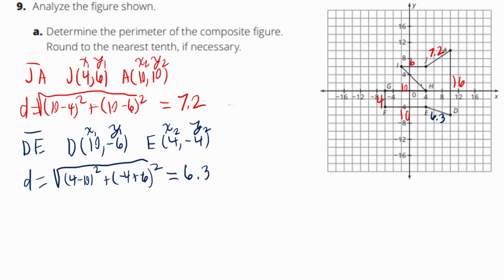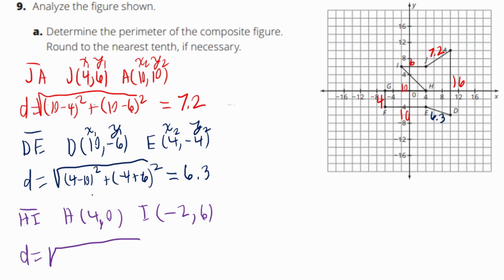And we have one more right here. HI. So let me change my color one more time. HI equals the square root. We want to write the coordinates. H is at 4, 0. And I is at negative 2, 6. We plug these in, we get D equals the square root of x1, y1, x2, y2.